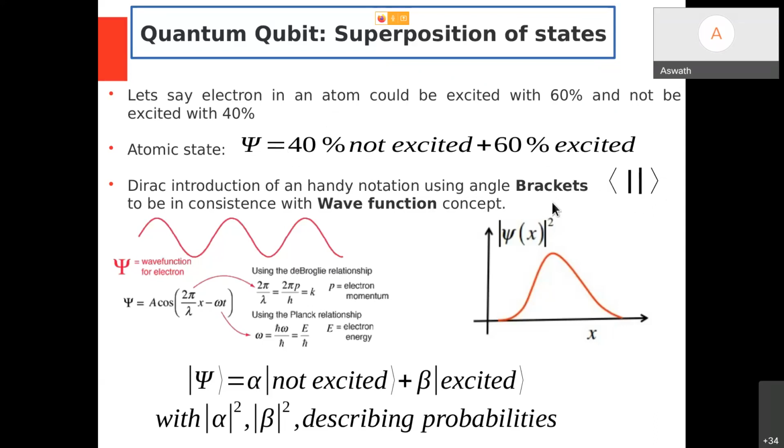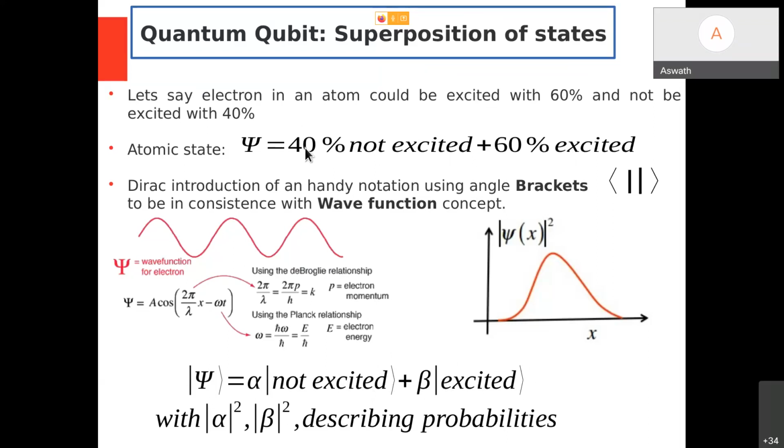What is this equation, which is not at all making any sense? With the Dirac notation, let me write down that same equation. What I'm writing is psi inside a ket, called the psi ket, equal to not excited, in ket notation, plus excited ket.